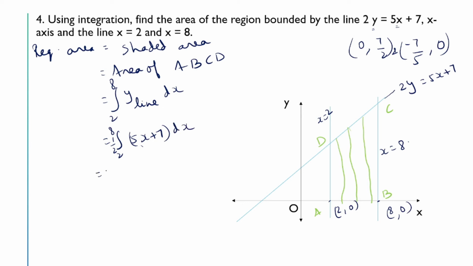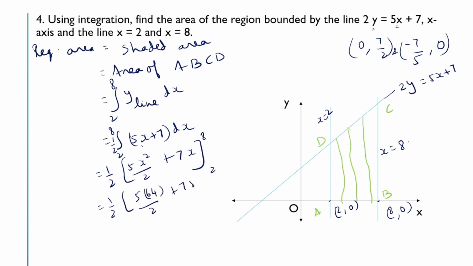Now we can integrate this very easily. So it is 5x square by 2 plus 7x with the limits 2 to 8. So it is equal to half of, when we substitute the upper limit, 5 into 64 by 2 plus 7 into 8, then minus, when we substitute the lower limit, we get 5 into 2 square by 2 plus 7 into 2.